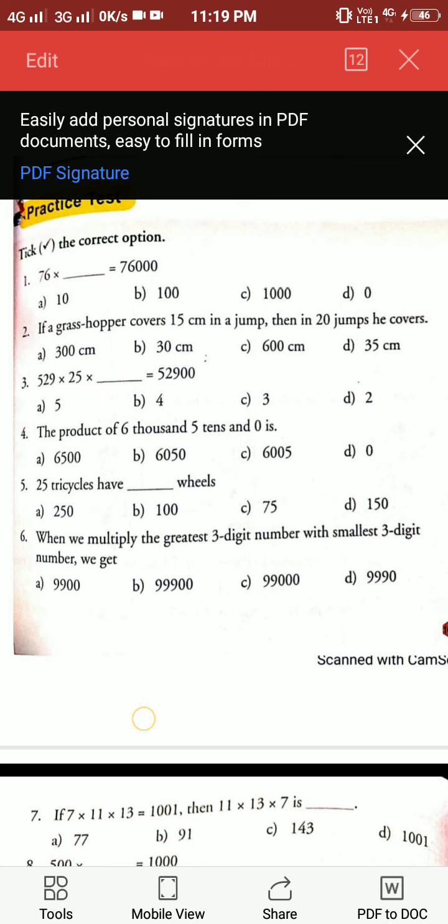Then what can we do? We need to change this number, the smallest number, into 100. How can we change it? If we multiply by 4, then we get 100. So that means 529 multiplied by 100. Then here we put 20, and this number we put on the left side. Getting my point?